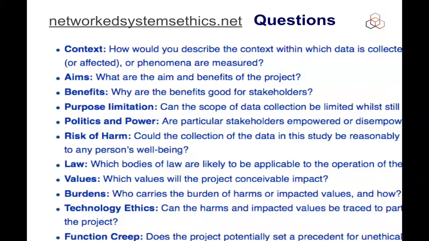Then, if you are into network systems, there is this website, networksystemsethics.net, and they post like 20 questions. I had to cut them here because there are many more and they don't fit on the slide. So if you're interested in that, these are all kinds of questions that you can ask yourselves when you are starting a new project.